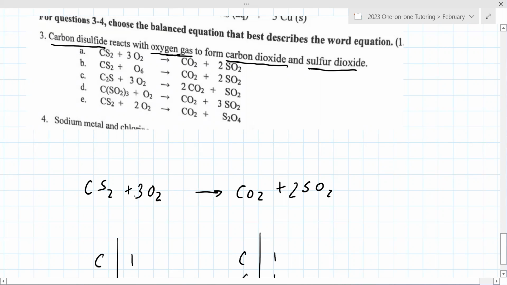So let's turn it to 8. So on the right, you just put a 4. I think a 4. No, you've got it because you just said it. There's 2 oxygens and now there's 4. That's 6. You got the oxygens, and then 2 sulfurs, 1 carbon, 1 carbon.